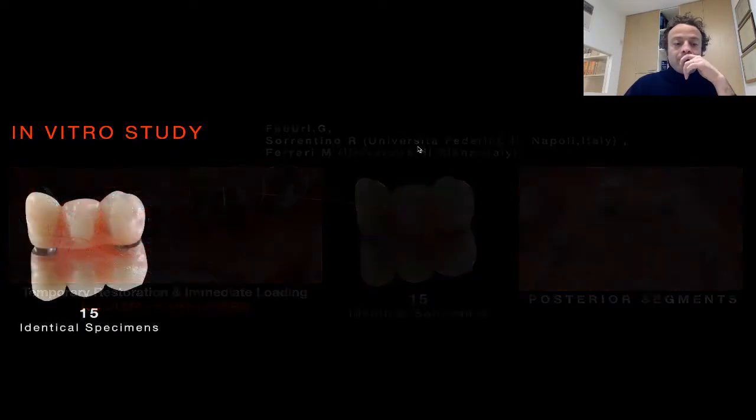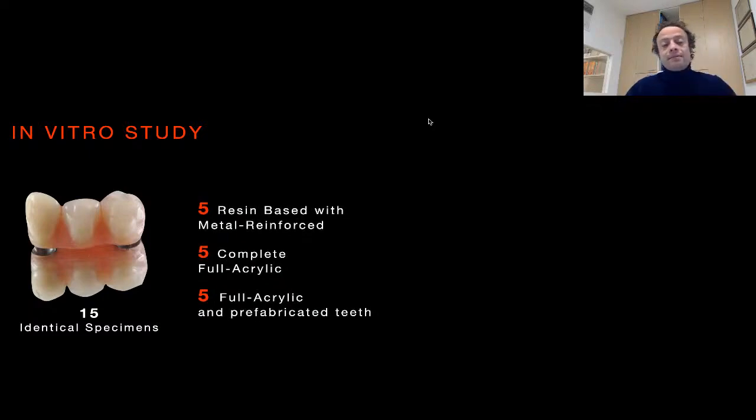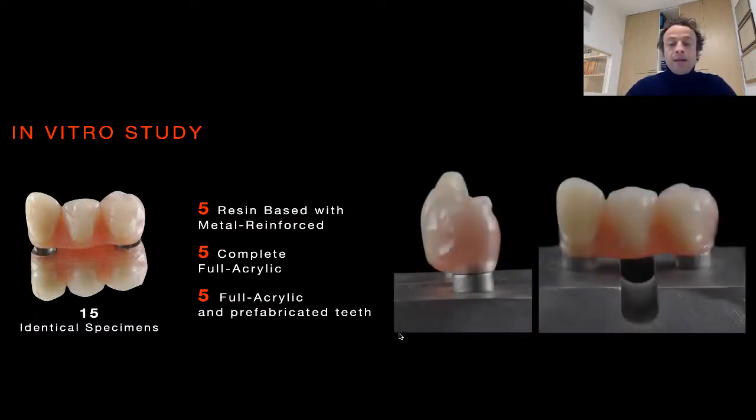We created 15 identical specimens: 5 resin-based with metal reinforcement, 5 with complete full acrylic, and 5 with full acrylic and prefabricated teeth. And we decided to test all these specimens.